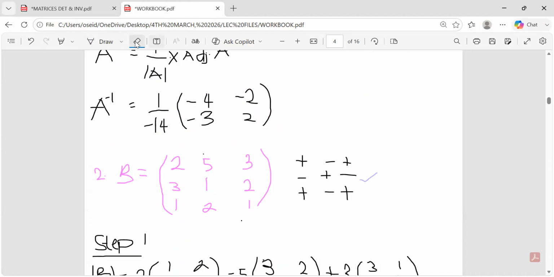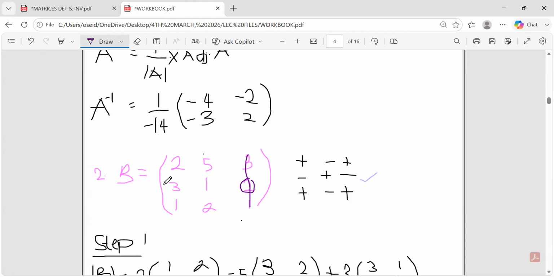So once we are done with this, we move on to the next element, and the next element is 2. We assume that column 3 does not exist, row 2 does not exist. We are going to get the elements 2, 5, 1, 2.